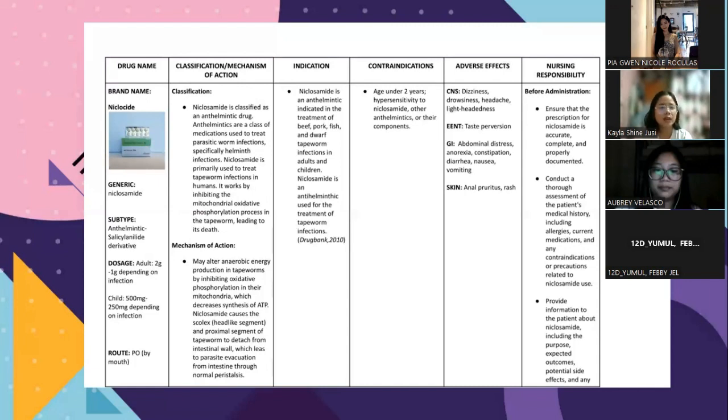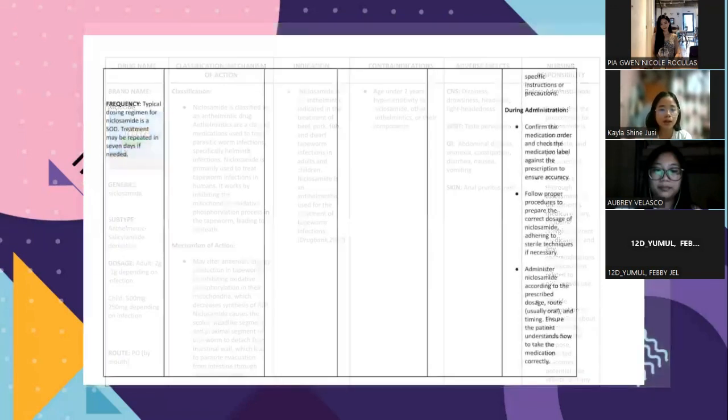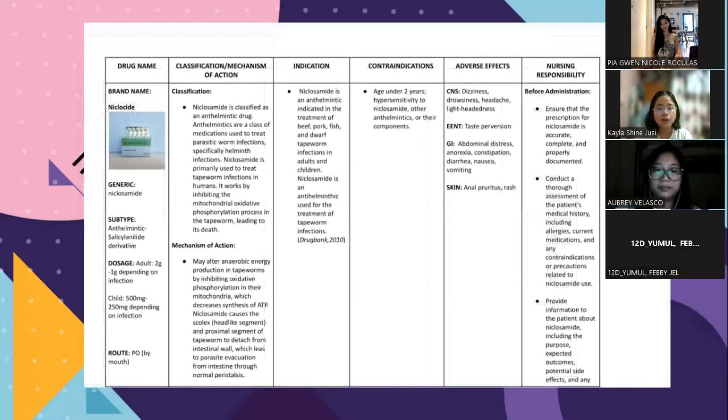If any adverse effects are bothersome, persistent, or worsening, it is recommended to consult a healthcare professional for further evaluation and guidance. Now for the nursing responsibility.